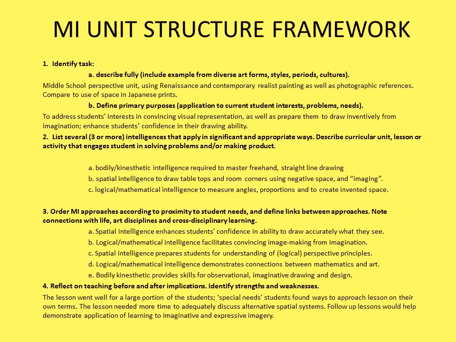And now this is the filled-in version of this multiple intelligence unit structure framework. If you look at number 2, there are references to the use of the students' bodily-kinesthetic intelligence, logical-mathematical intelligence, and also spatial.